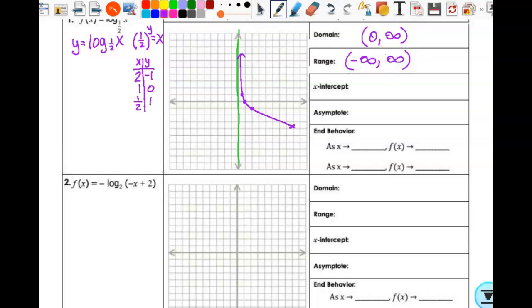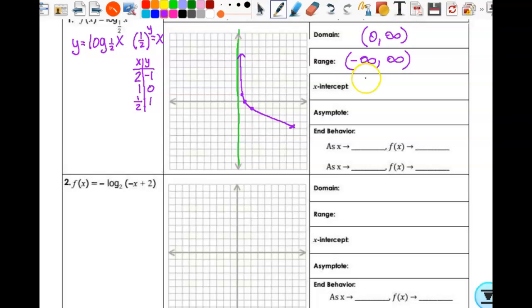So my domain clearly can change, right? Depending on where my asymptote is. Would you agree with that? Is there anything that we can do to this that'll change my range? No, it's going to be the same. So kind of like with exponential, your domain is always -infinity to infinity, but the range changes depending on the asymptote. So now that we've switched x and y, those two facts switch right there.